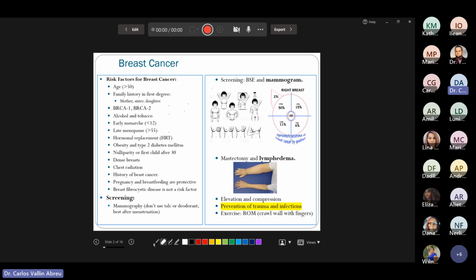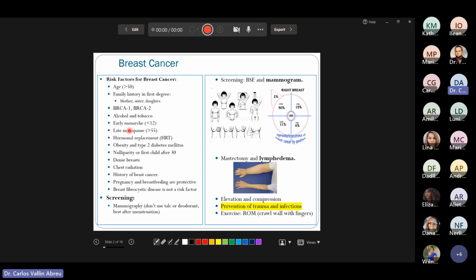Early menarche, late menopause. Sometimes women receive hormonal replacement therapy with estrogens after menopause. This is a prolongation of the exposition of the breast to estrogens, and this is something that increases the risk of breast cancer. In my time when I was a student, we used to tell all women after menopause, hey, start taking estrogens so you don't have the hot flashes and you keep your youth.